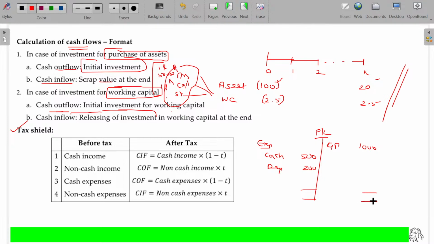Then what happens? 300 being profit before tax. If the tax rate being 30 percent, from profit before tax you subtract the tax 90, 30 percent on 300. You end up with profit after tax being 210. Is that clear?